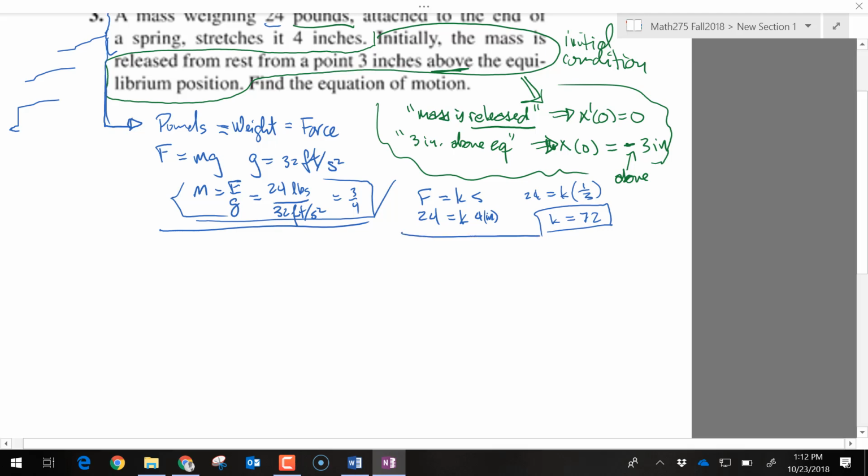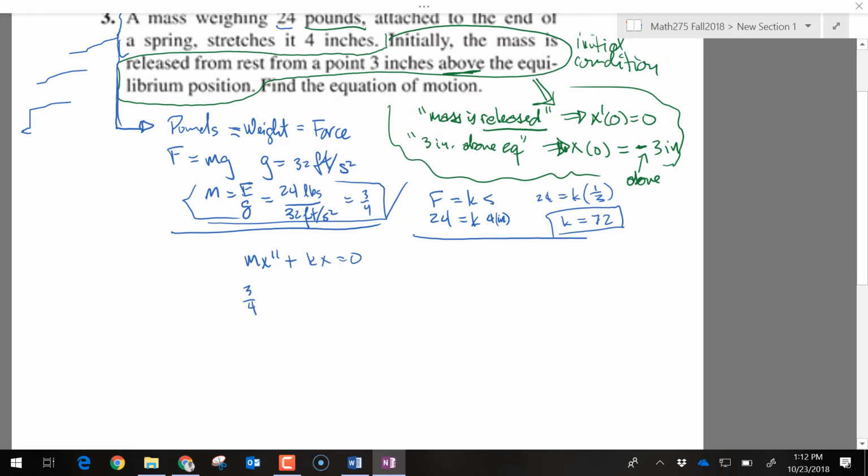So if we have these two pieces of information, we can put it together. We can write it a couple of different ways. We can write it with m x double prime plus k x is equal to 0. So that would be 3/4 x double prime plus 72x is equal to 0. And then as we solve for this, we'll pick up what omega is equal to.